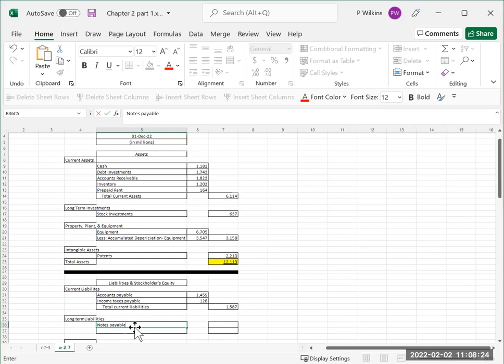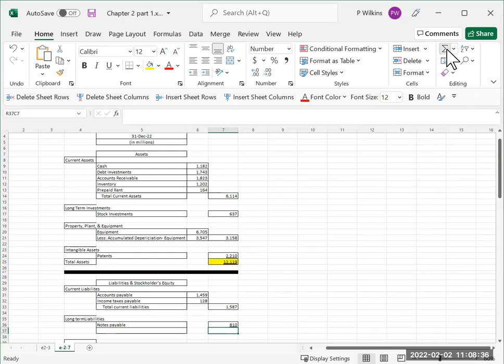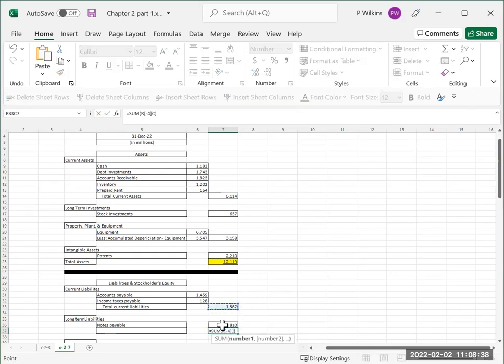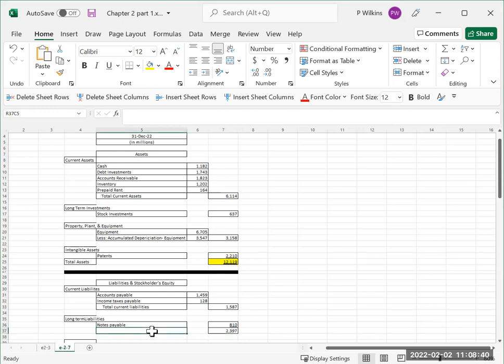And the notes payable is a total of 810. There's only one, so that pushes all the way over to the right. And then we're going to add the 1587 and the 810 together. And that's going to give us a total of 2397. And 2397 is our total liabilities. That's the current and long-term liabilities.